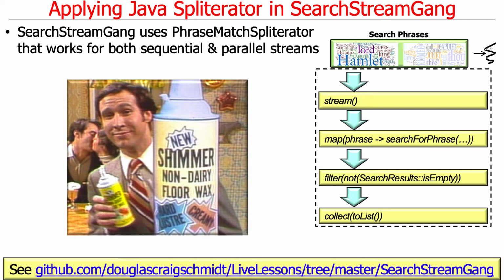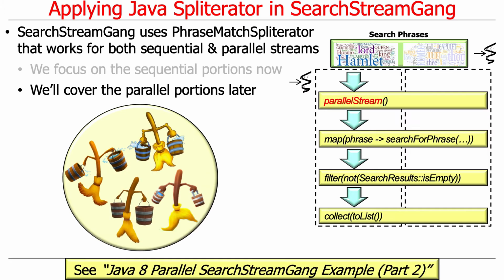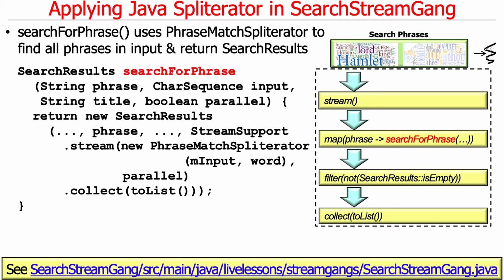We're going to focus right now only on the sequential version, which will break things up into one chunk. But then when we talk about parallel streams soon, we'll talk about how we can use the same splitterator to break things up into multiple chunks. And I'll talk about why I have pictures of broomsticks when we get to that point of the discussion.